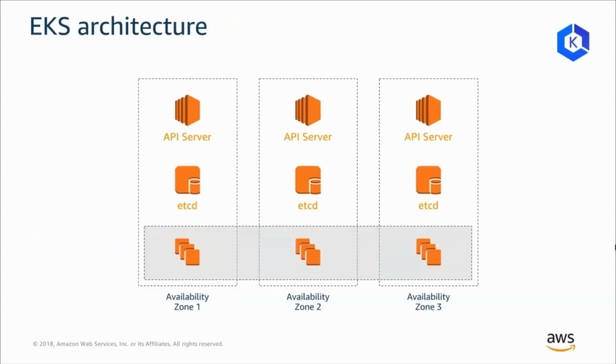So let's take a look at the underlying EKS architecture. What you see here is when you provision your EKS cluster, you'll see a set of API servers spanning 3 availability zones and etcd nodes that are also spanning 3 availability zones.